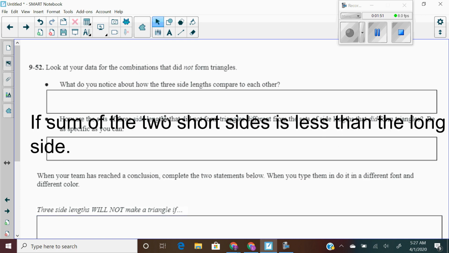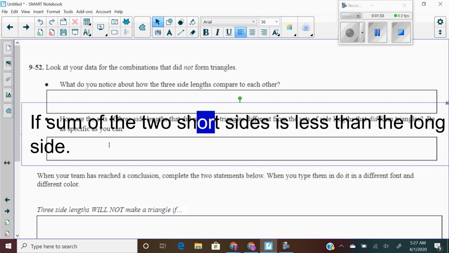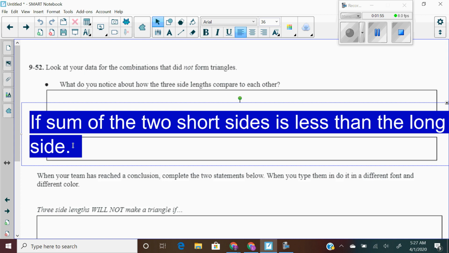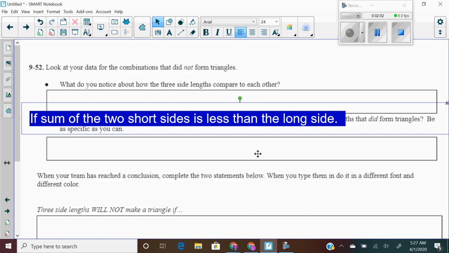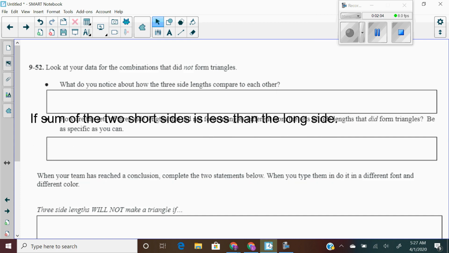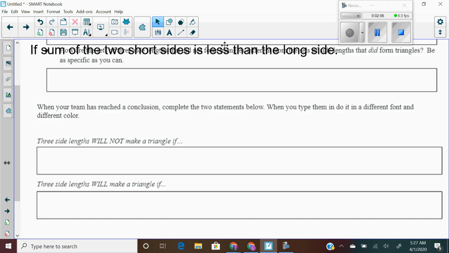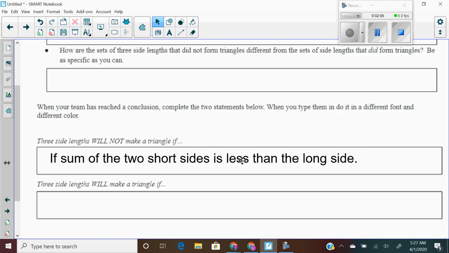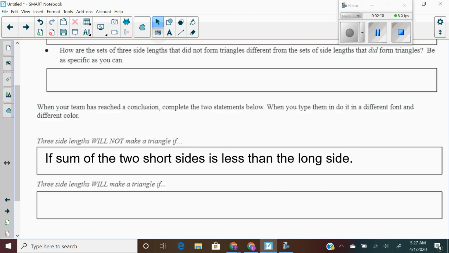So for example, if I had the sides 2, 3, and 8, those do not make a triangle.